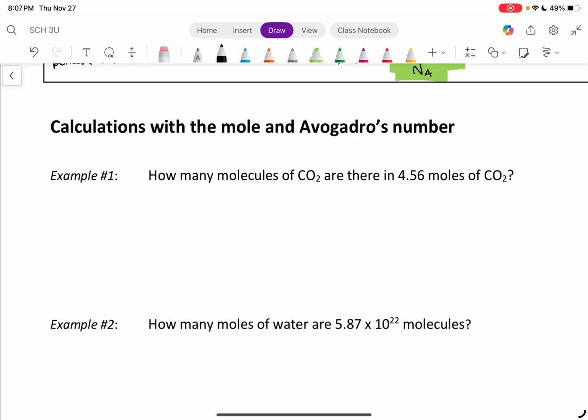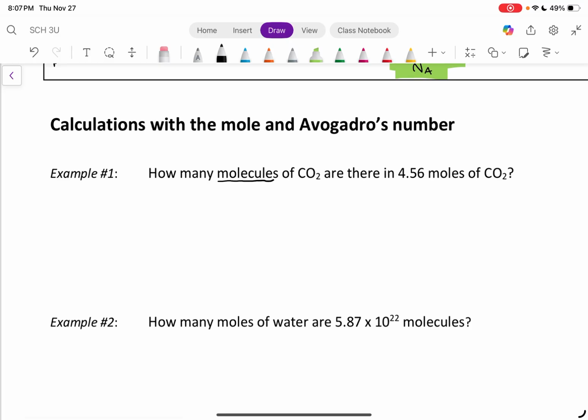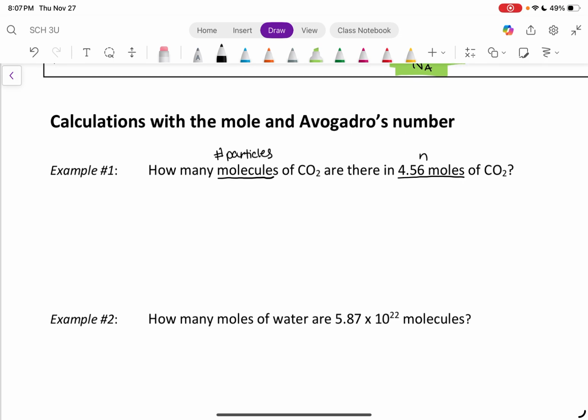and n. So how many molecules of carbon dioxide are there in 4.56 moles of CO2? So how many molecules, so I'm really looking for the number of particles, are there in 4.56 moles of CO2?